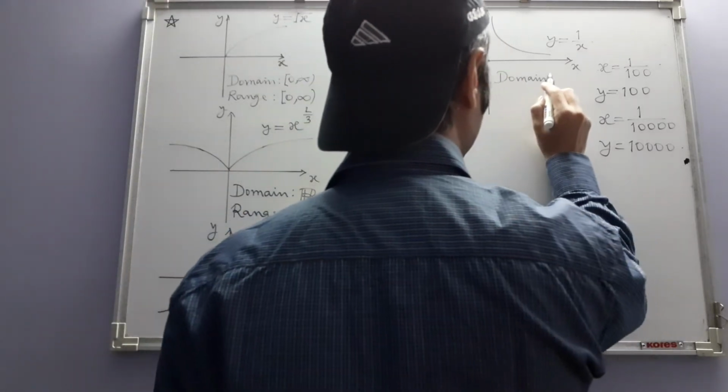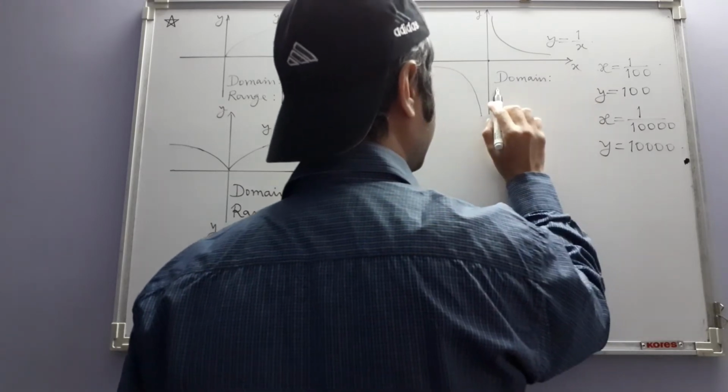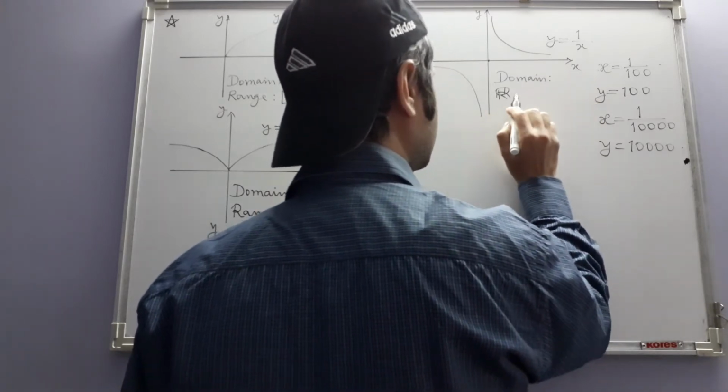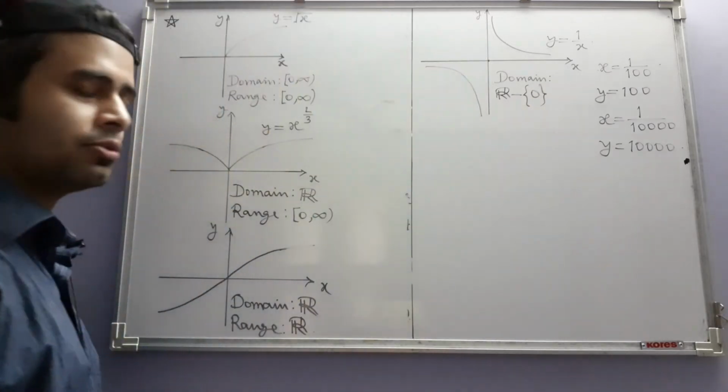Anyway, so here the domain is the entire set of real numbers from which 0 has been removed.